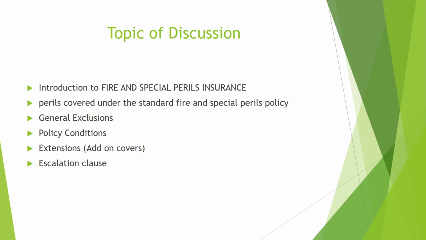After that we will move on and see policy conditions. After that we will see extensions, that is, the covers we can add to our base policy, and after that we will see the escalation clause. So this will be the content of discussion today.